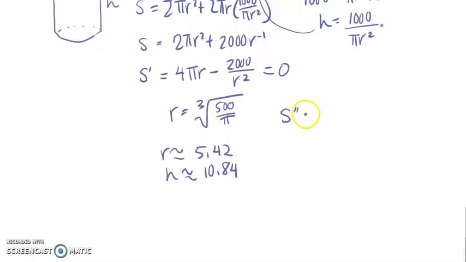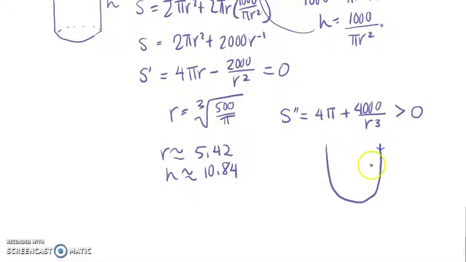So our double derivative of our surface area equation is equal to 4 pi plus 4,000 all over r cubed. For the double derivative test, we have to find out if this graph is concave up or concave down. If we plug our critical number into this equation, we get two positives, meaning that our double derivative is greater than 0. This expresses that our graph is concave up, which means that it does have a minimum right here.